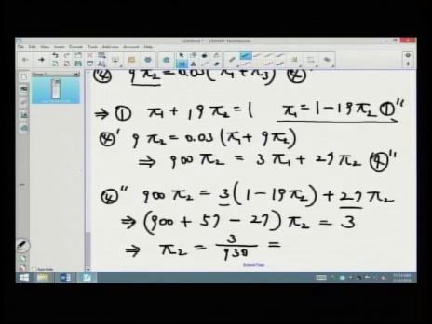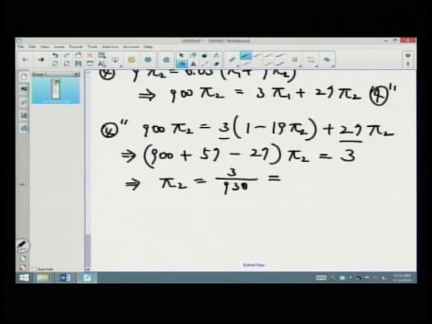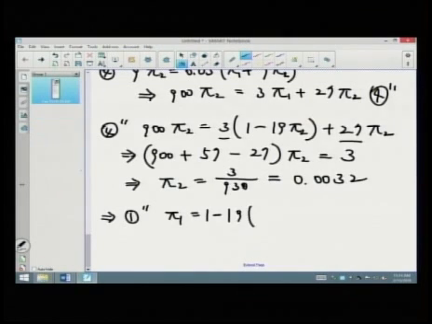Can you give me this number? What is the value of 3 over 930? Okay, is that 0.0032, right? Okay. Now we can get pi 1 because from 1 double prime, pi 1 equals 1 minus 19 times 3 over 930.